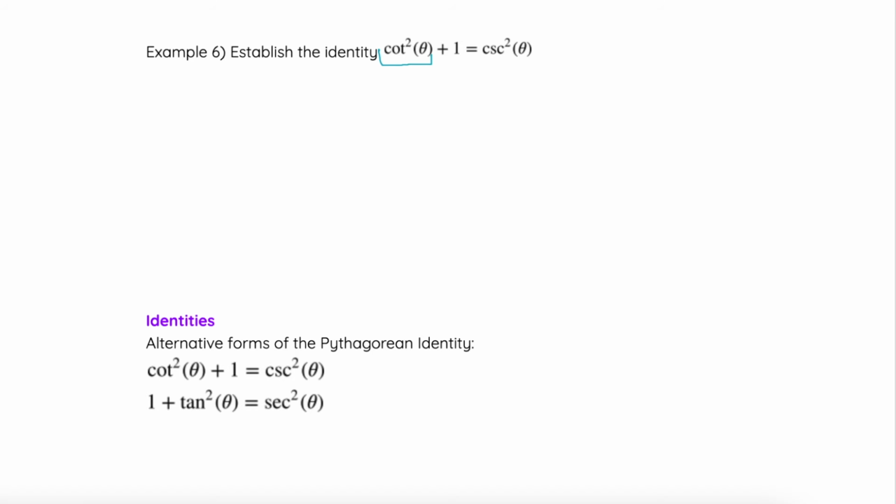I'm going to be a little creative here. I know cotangent is the reciprocal of tangent. So it's going to be cosine squared of theta over sine squared of theta. So notice that that square follows it. So far, plus 1.